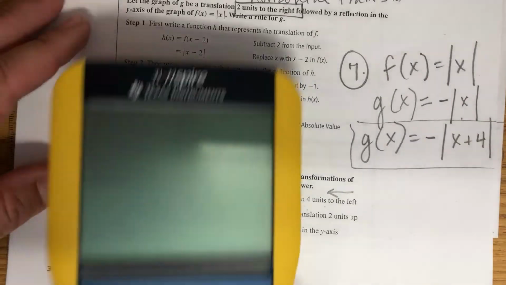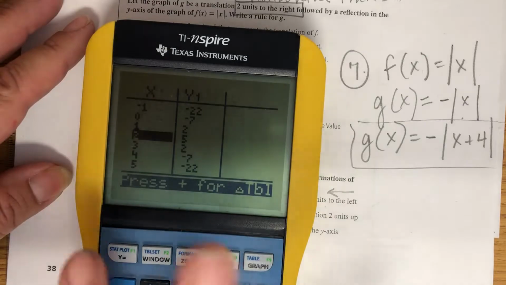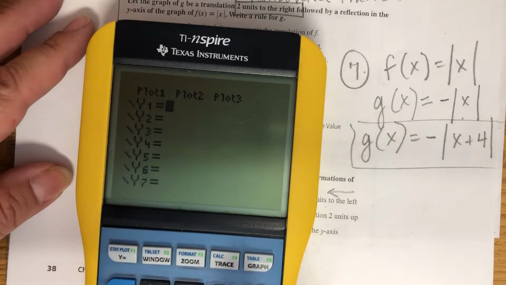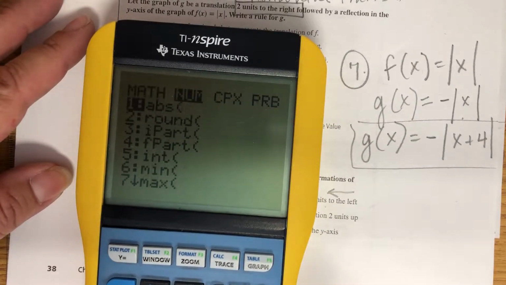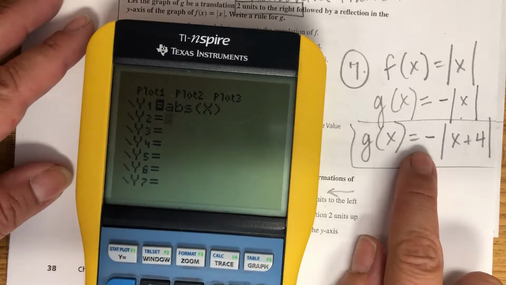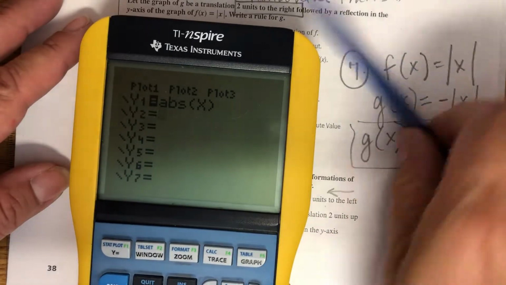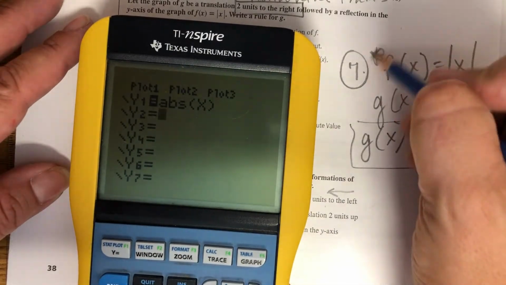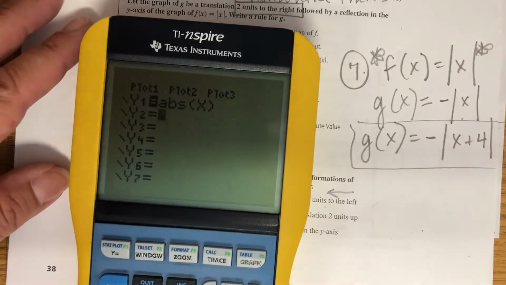So, believing that this is what's going on, I want to just remind you how you can go and check these. It says check your answer in your calculator. Our y equals, let's go put that parent in there, math, number, get my absolute value of x. Then in y2, this is my beginning, where I started. And then let's go and take a look at where we finished.